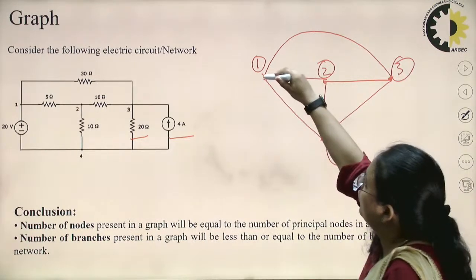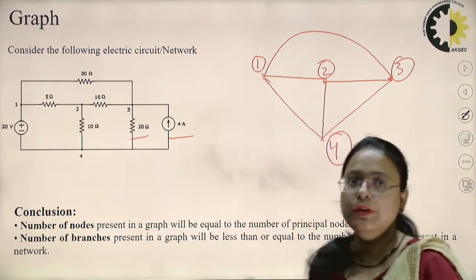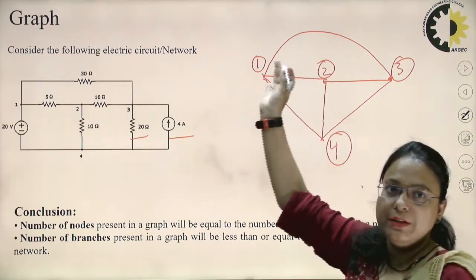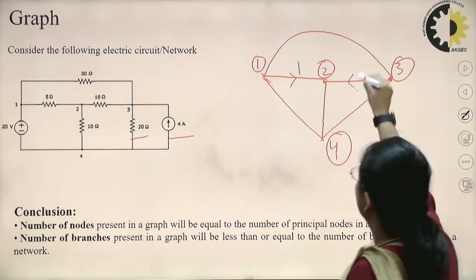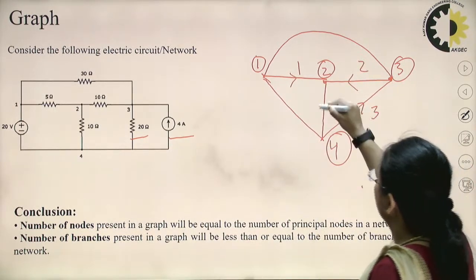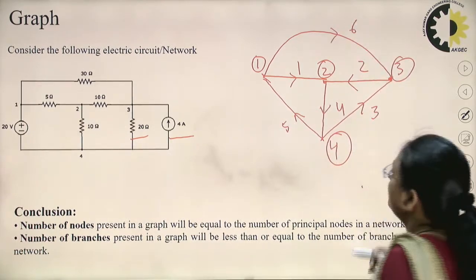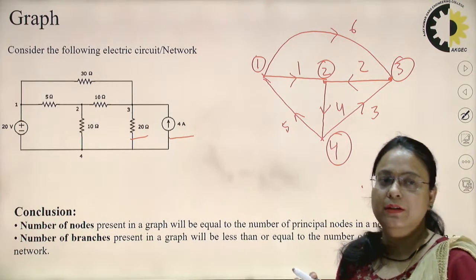Okay, so you can see here in this network no direction is shown for the current flow. So I can take it myself and give the number of branches, the names of the branches, myself. So I am giving the names 1, 2, 3, 4, 5 and 6. So there are a total of 4 nodes in this graph and 6 branches, right?